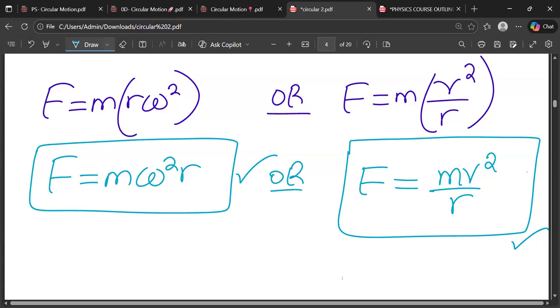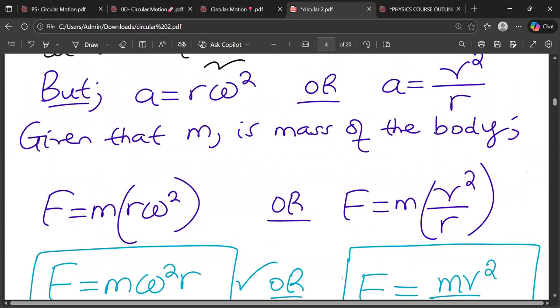Oh, that is obvious. This is a formula you can use in case they tell you to calculate centripetal force out of the blue. But when they ask you for centripetal acceleration first and then force, then you use MA. Okay, thank you. Use MA.